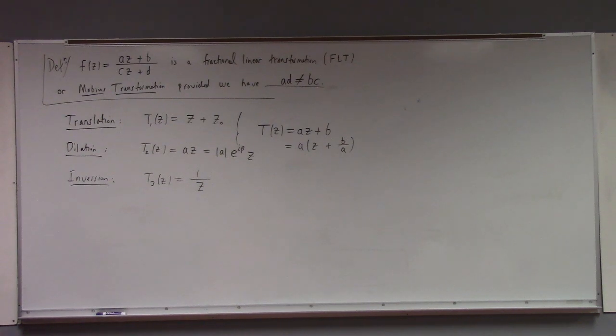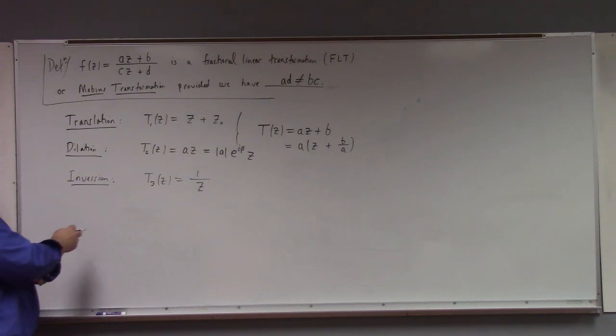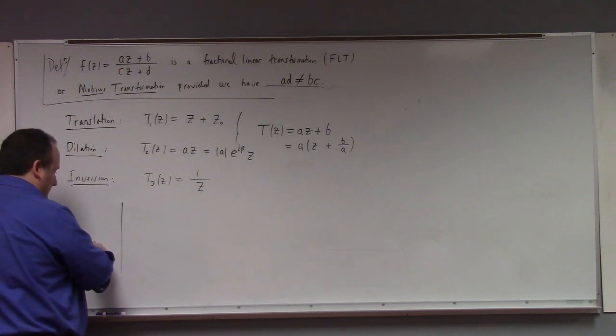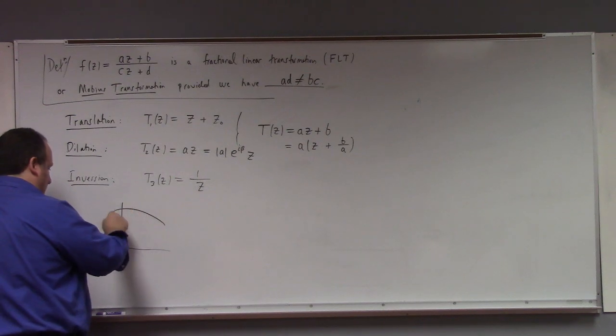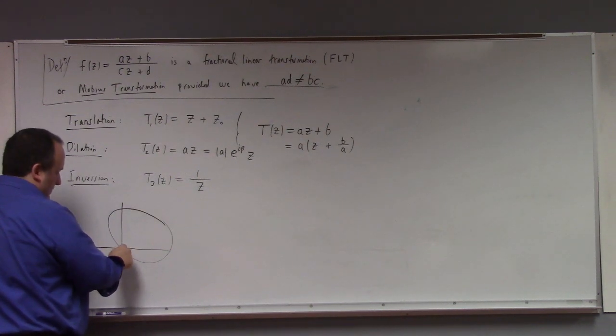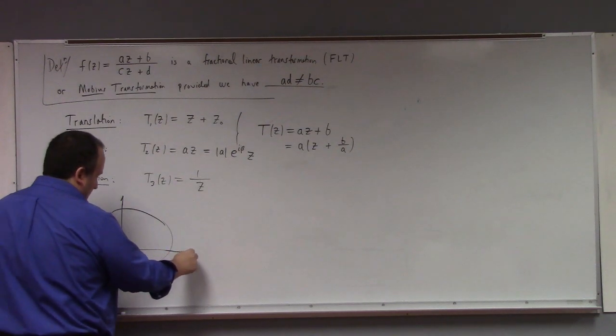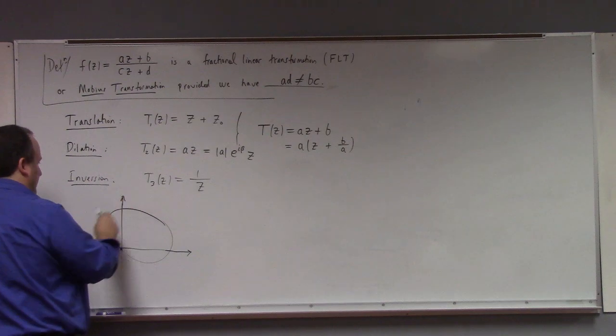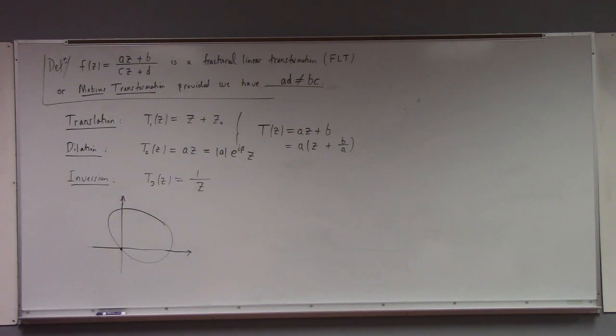And inversion also takes circles to circles, but I'm lying to you now. Actually, I'm lying to you about the dilation being entirely clear too, because if you think about a particular circle, like this one, what if the circle goes through the origin? Is it still clear that if I multiplied that by, I don't know, 3i or something, it's still a circle through the origin, isn't it?